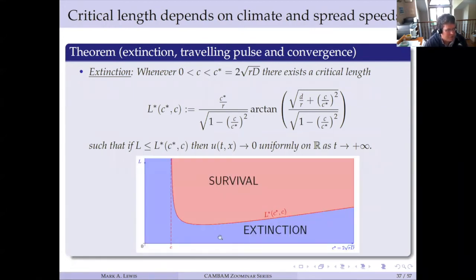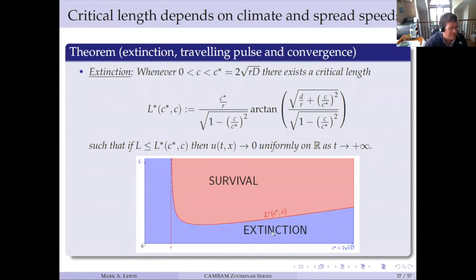So this is the picture: first of all, we require C star to be bigger than C. If you can't keep up with the climate change, you're not going to survive at all. But if C star is bigger than C, then you need a critical length, and if you fall below that critical length, your population goes extinct.